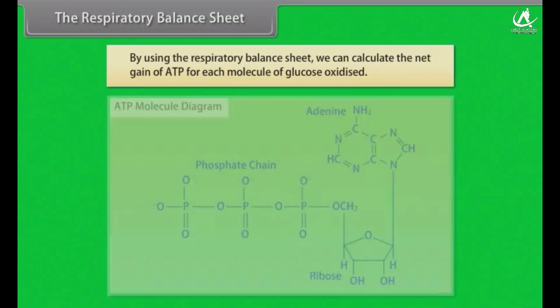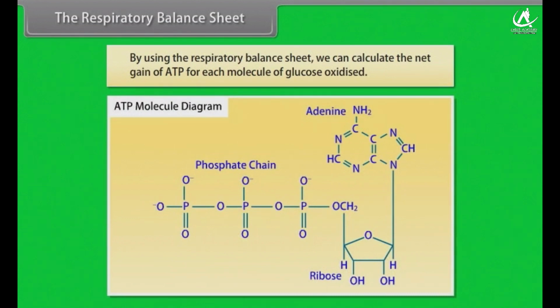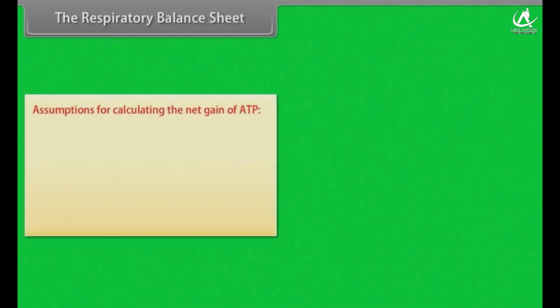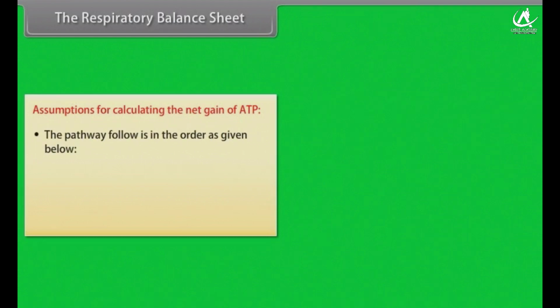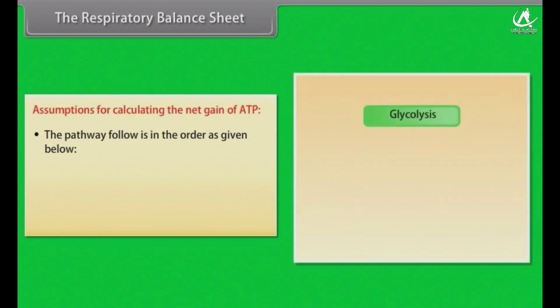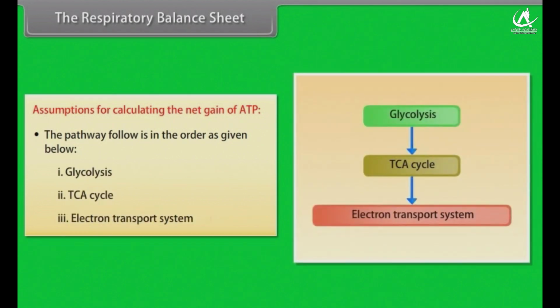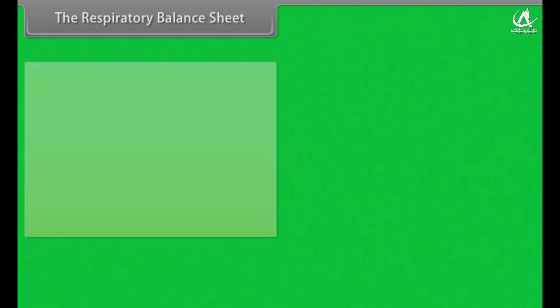The respiratory balance sheet. By using the respiratory balance sheet, we can calculate the net gain of ATP for each molecule of glucose oxidized. Assumptions for calculating the net gain of ATP: The pathway followed is in the order as given below: glycolysis, TCA cycle, and electron transport system.